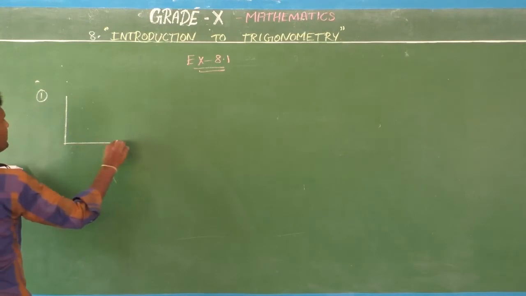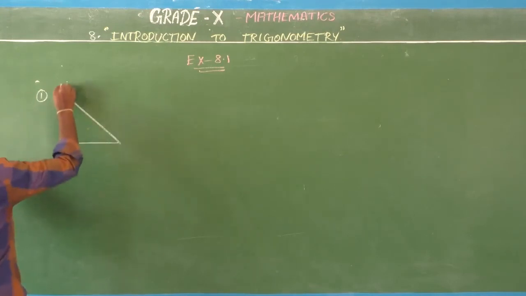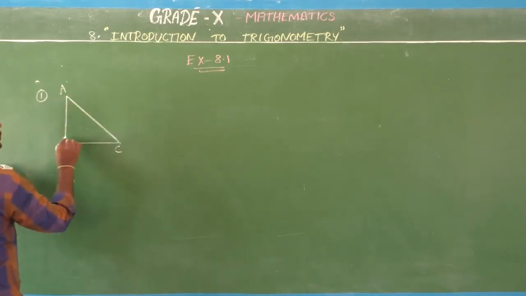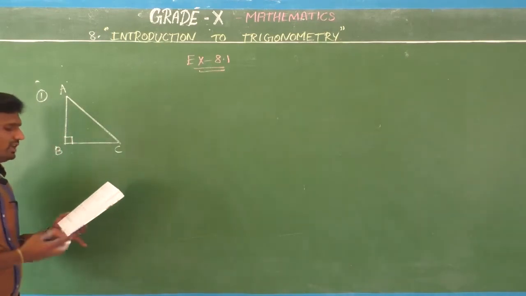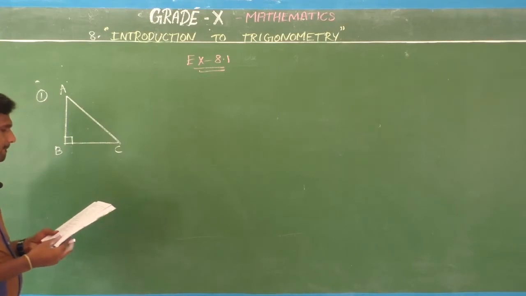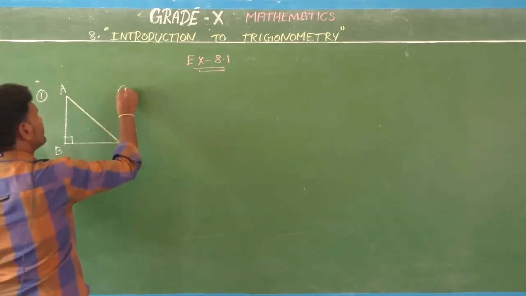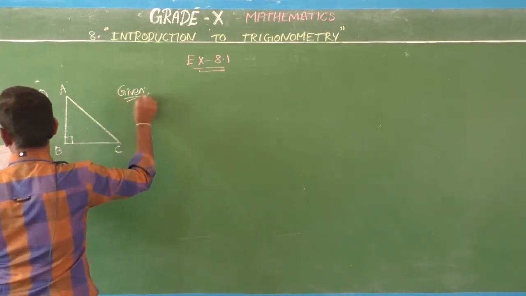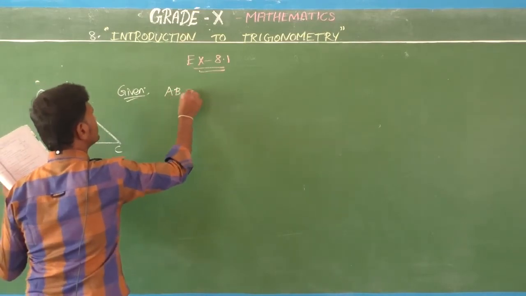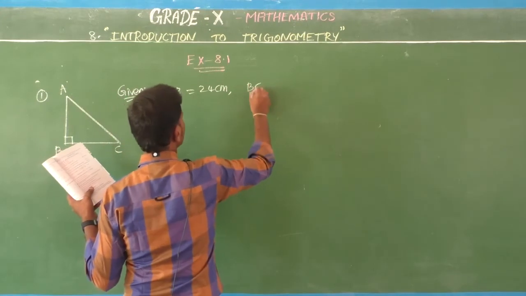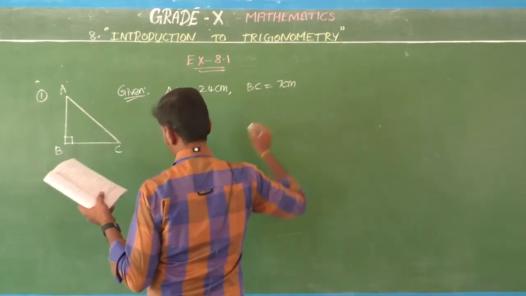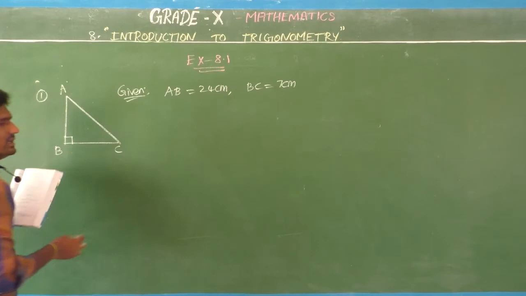Right angled at B means we have to draw like this: A, B, C, with the right angle at B, and given some values. Given AB is equal to 24 centimeter, then BC is equal to 7 centimeter.